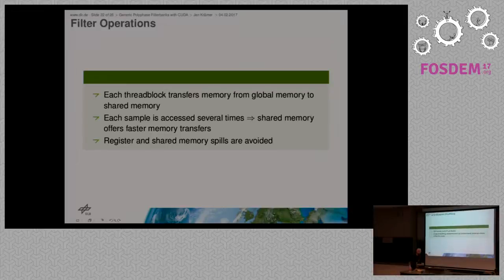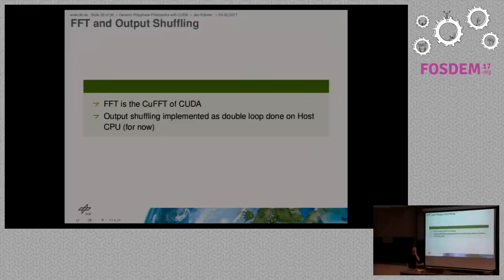The FFT is just a cuFFT, which is provided by CUDA. I mean, it's fast, it's convenient, so why not use it? The output shuffling is, because I was actually lazy, implemented on the host CPU for now. This might change as well. I don't expect much of a performance boost, maybe in the single-digit percentage range, but it would be nice to have everything on the GPU. For me at the time, it was plenty fast enough.